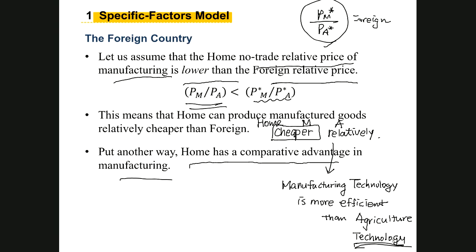Like the Ricardian model tells us, home countries should export the goods with the comparative advantage. In the context of the specific factor model, that means the country should export the relatively cheaper goods, the goods with the lower relative price.